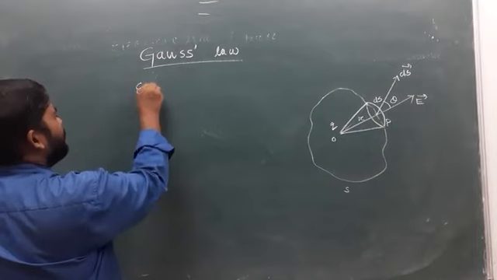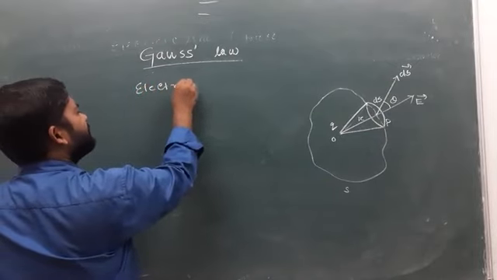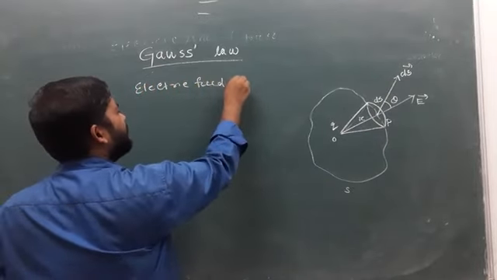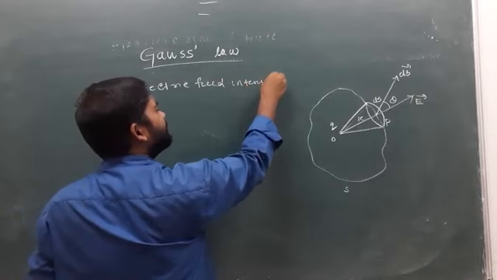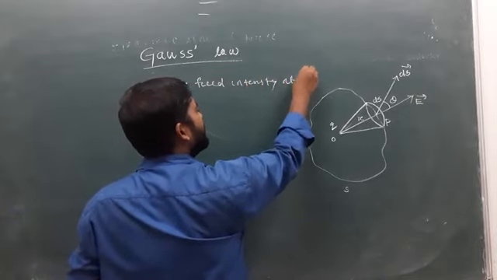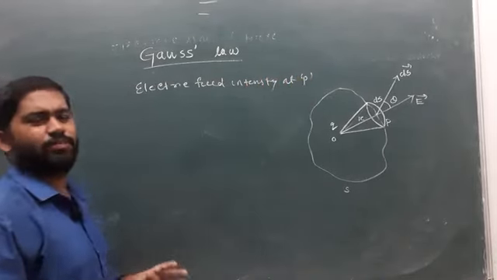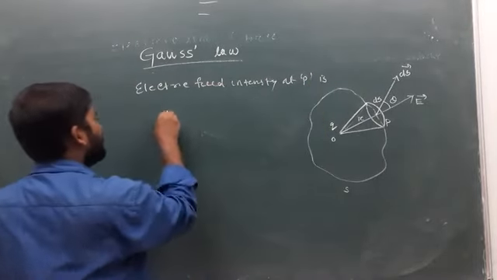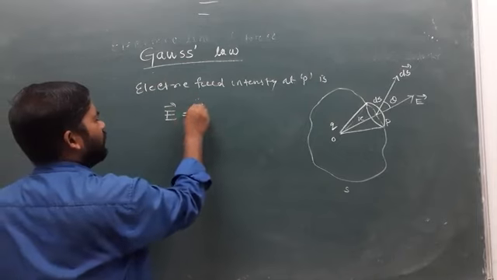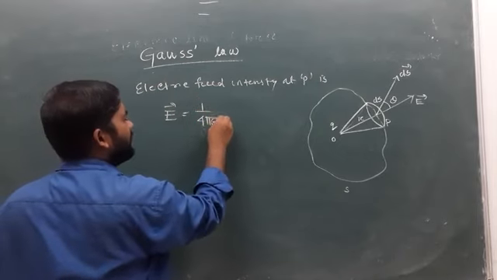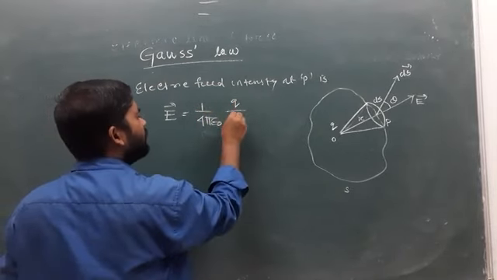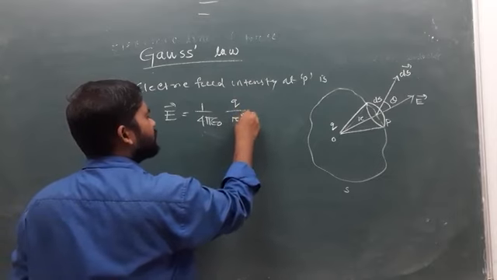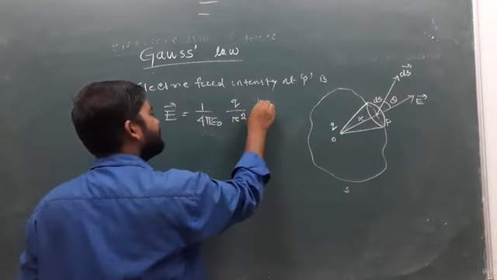So the electric field intensity at point P is E equals 1 by 4 pi epsilon naught q divided by r square r cap.